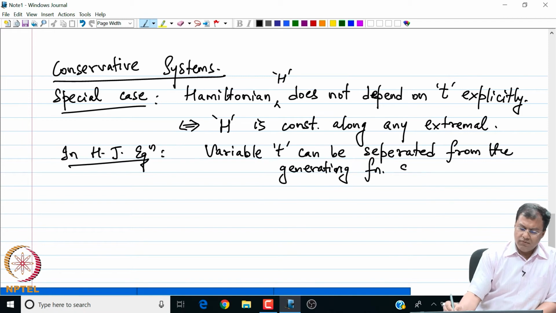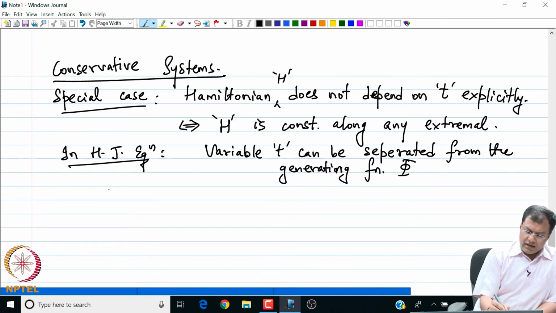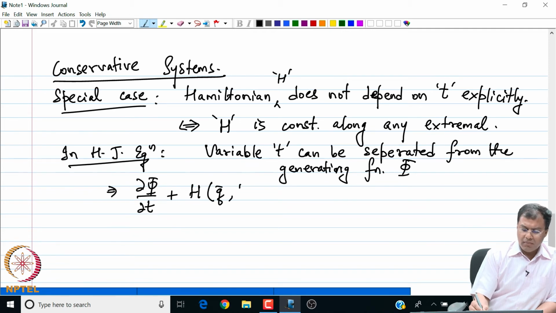So, if we are given the Hamilton-Jacobi equation, del phi del t plus h, which is now a function purely of q bar comma p bar, equal to 0.